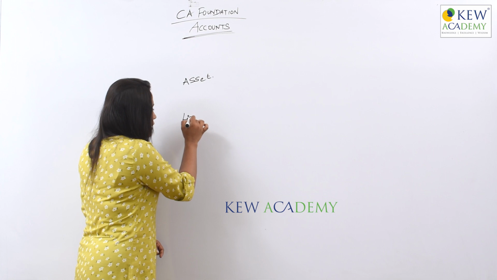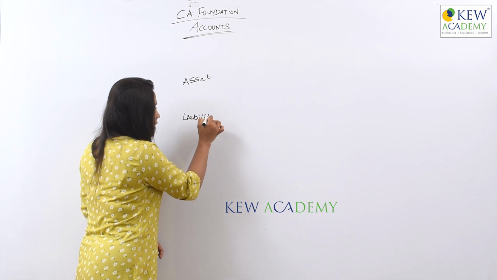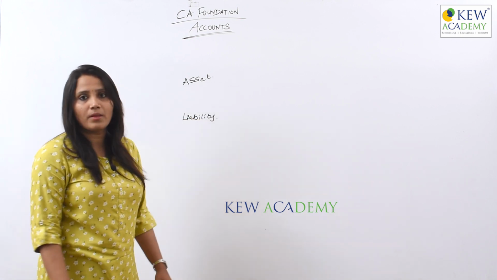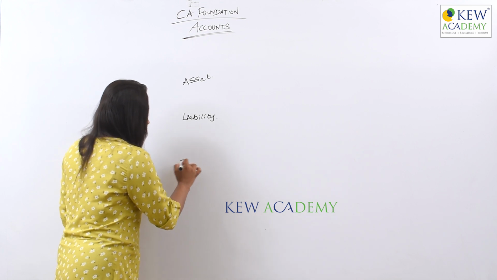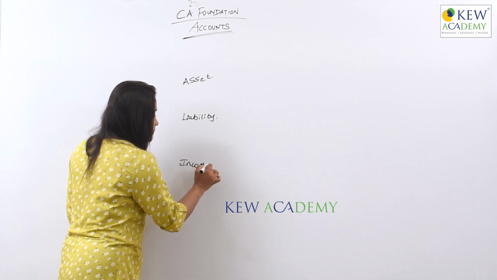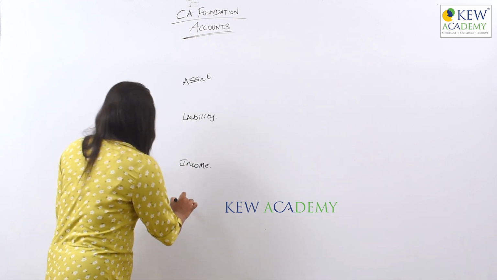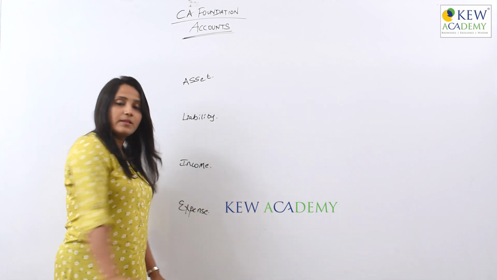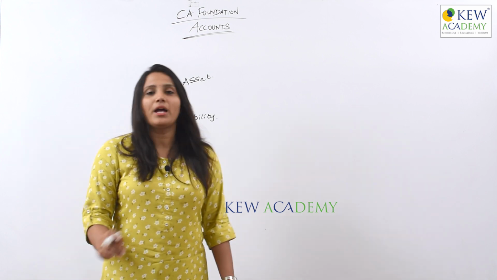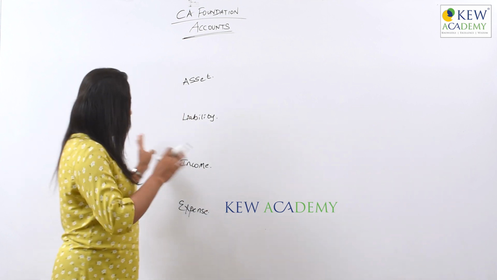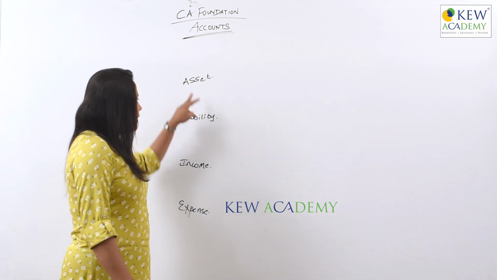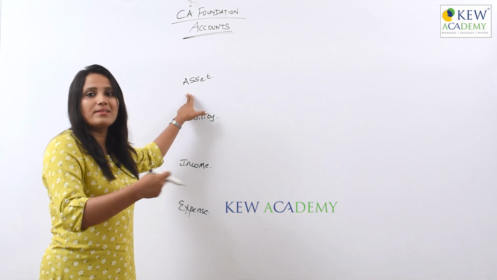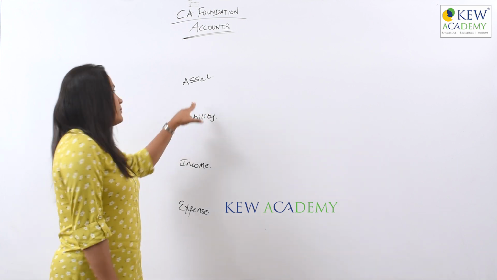Second one, liability. Third one, income. Fourth one, expense. These are the 4 terminologies. I know you heard about all these terminologies earlier, but I'll go with the basics because it's required in my further concept.